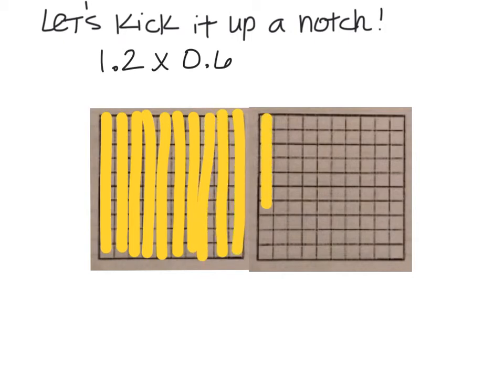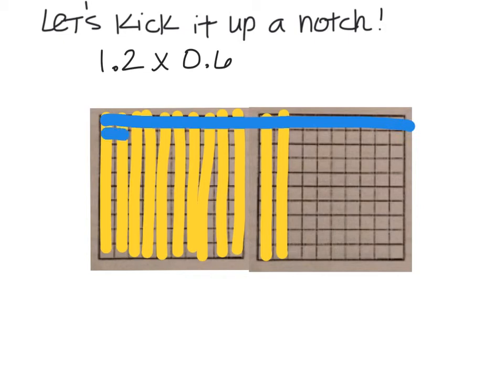Plus you have 2/10 of another. Okay, and then with the 6/10, you're going to do the same. You're going to color the opposite way or horizontally, but you're going to color in 6/10 of the entire picture, or the entire 1 2/10. So that's kind of weird, but still same process.